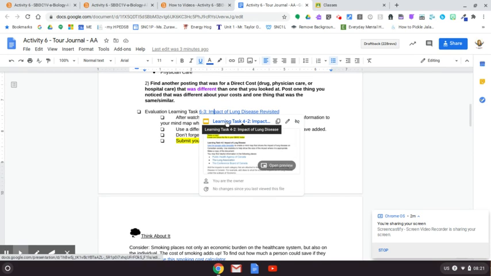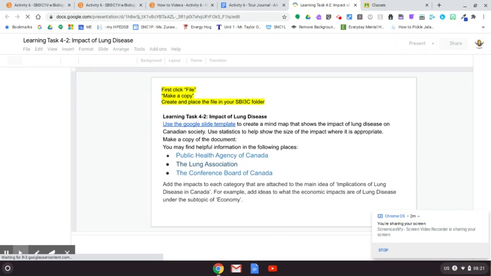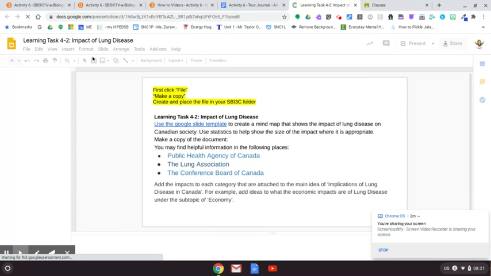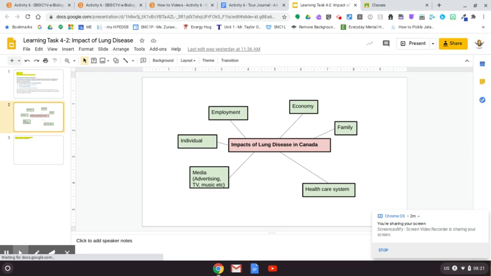So in 6.1, you would have started this. Oh, sorry, it's 4-2. I'm thinking they're all 6. So you started this similar to heart disease, but this time we were looking at lung disease. We were looking at what are some of the economic impacts, what are some of the impacts on the individual, what are some of the impacts on family, the healthcare system, and so on.